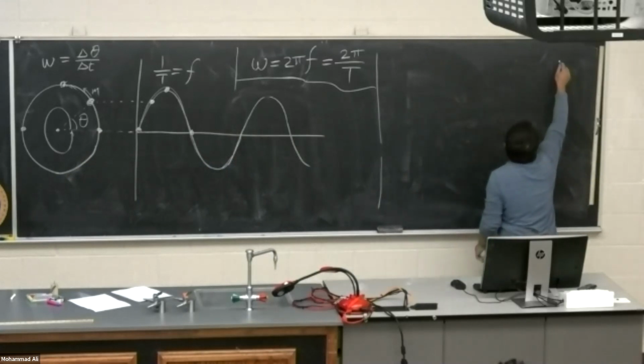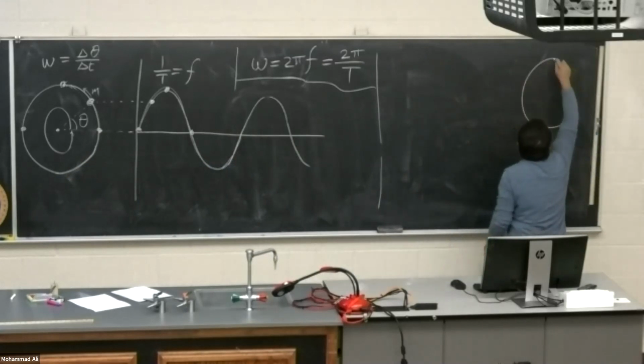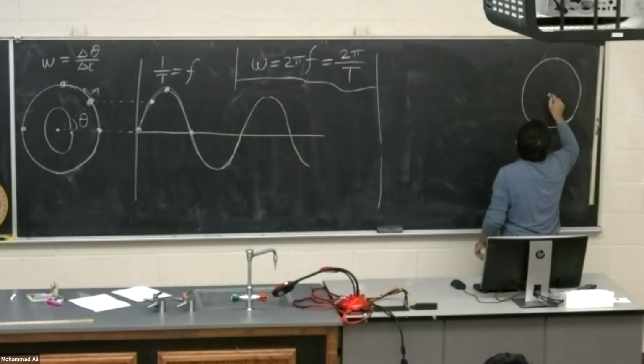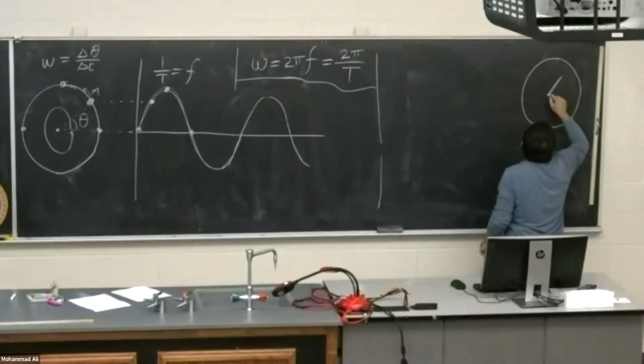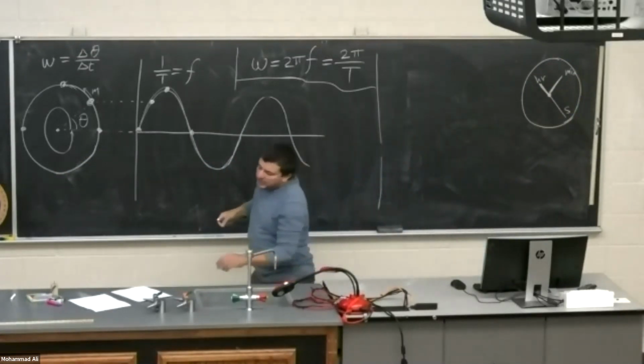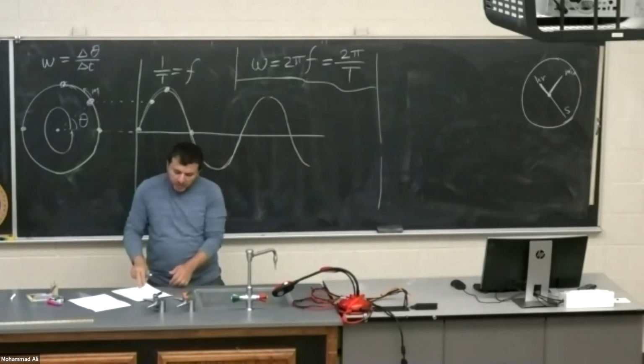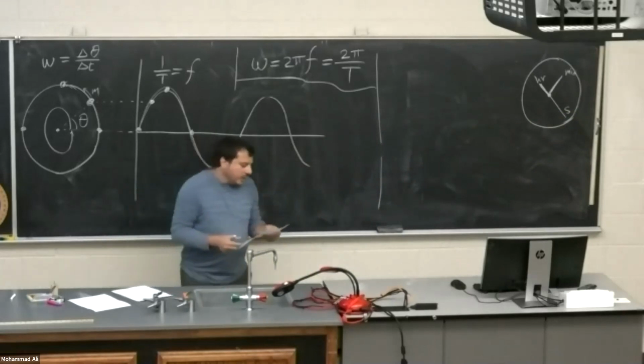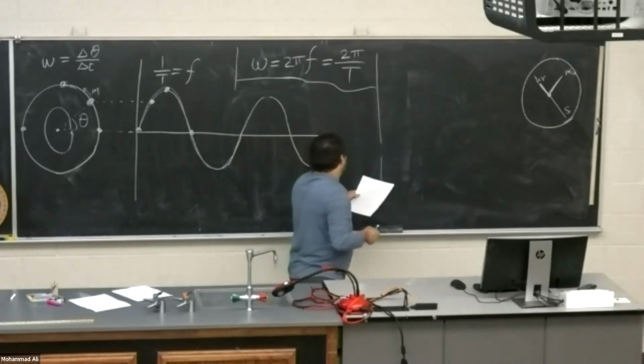Okay, we have the clock. This is the minute hand, this is the hour hand, and this is the second hand. We need to find this motion property in the clock.